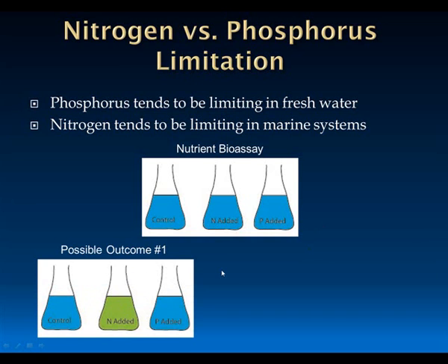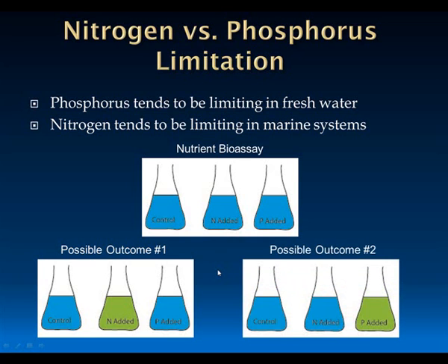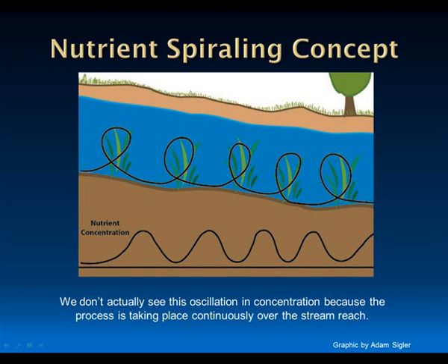In that case, it was nitrogen that was limiting algae growth. The other possibility is that you get increased algae growth in the one with phosphorus, and in that case, phosphorus was limiting. And in some cases, they could both be co-limiting, and you would actually need to add both of them to get dramatic increased algae growth.